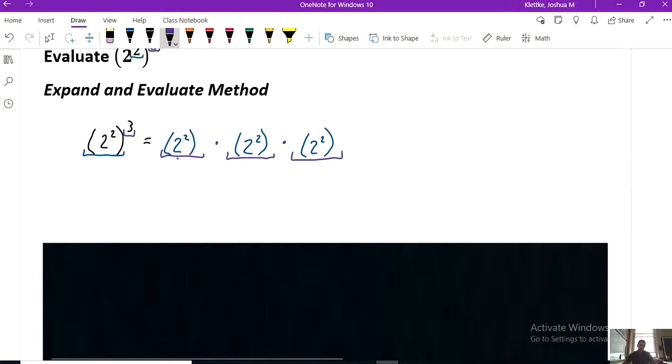I notice that in each of my spaces I have 2 to the second. So I am going to write this out a little further. 2 to the second means I have something times itself, and that something is going to be the 2.